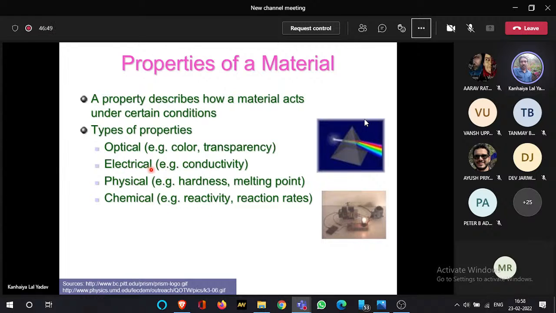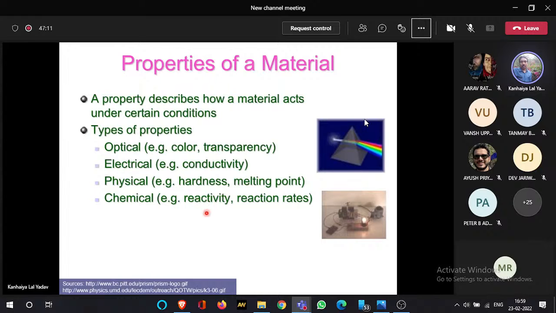These are the properties we see around us, and how they change from bulk to nano size. Optical, electrical, physical, and chemical: color, transparency, conductivity, hardness, melting point, reactivity, reaction rates, and how they change with the size.